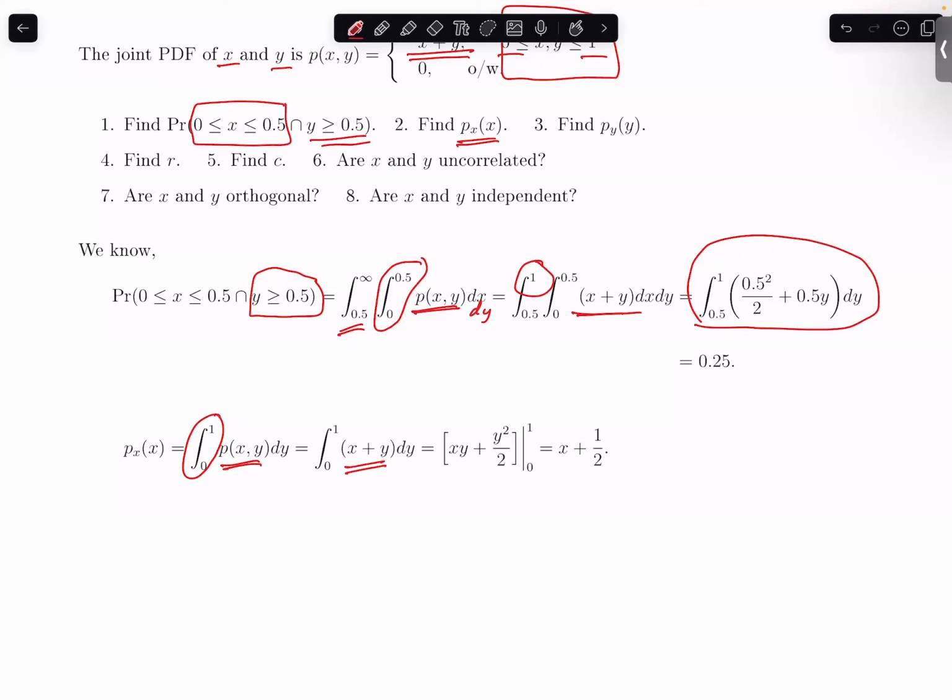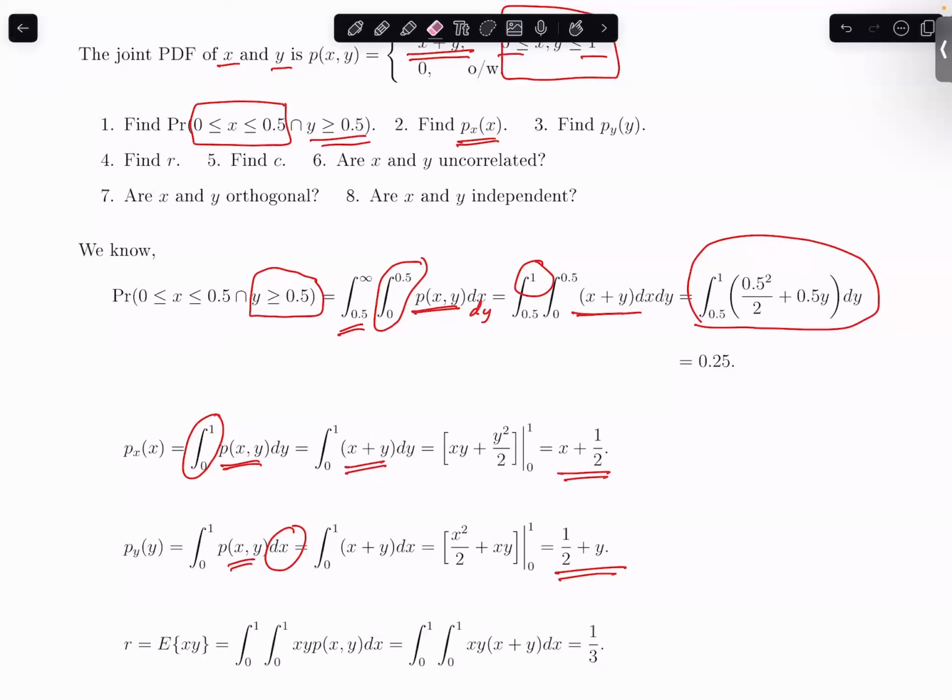Integrating with respect to y, we get x plus half. So this is the marginal PDF of x. Similarly, we can find the marginal PDF of y, which is quite similar. We take the joint PDF and then integrate out the variable x. So integrating with respect to x, we get y plus half as the marginal PDF of y.